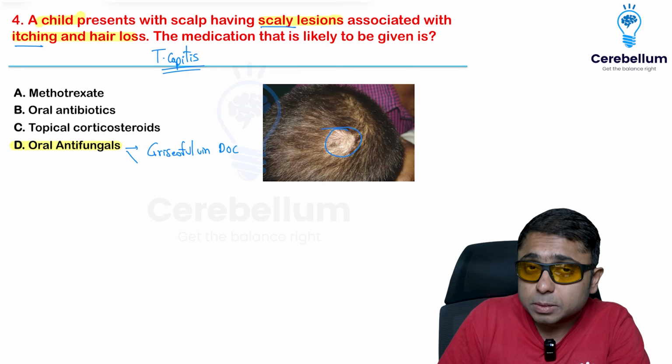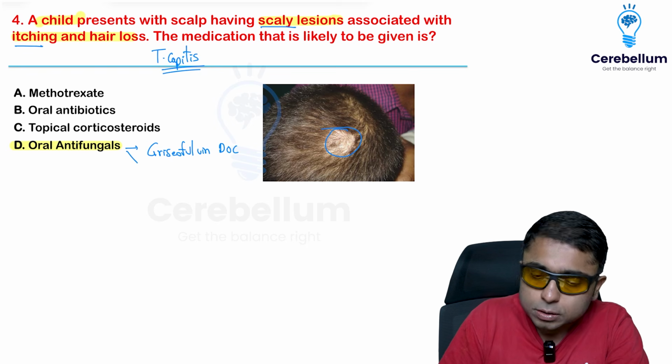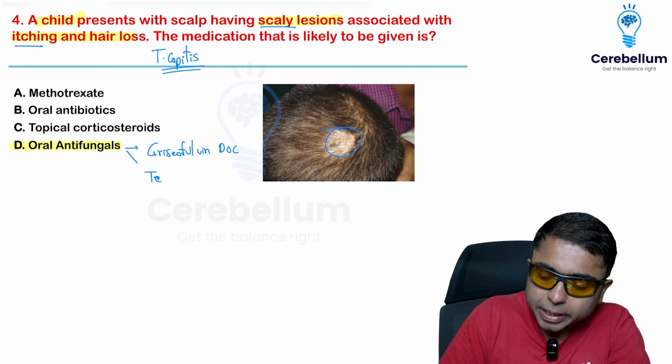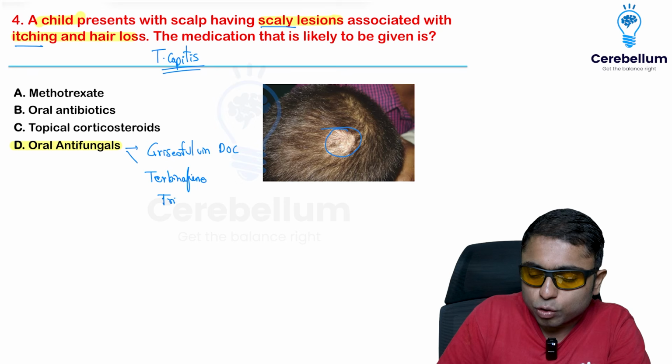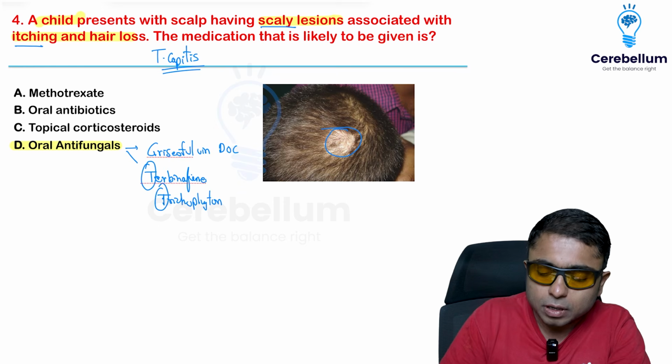Whereas if it is specifically mentioned as Trichophyton species, then the medication will be terbinafine, which is again an oral antifungal. So for Trichophyton, you can easily remember it with T and T: terbinafine for Trichophyton species, right?